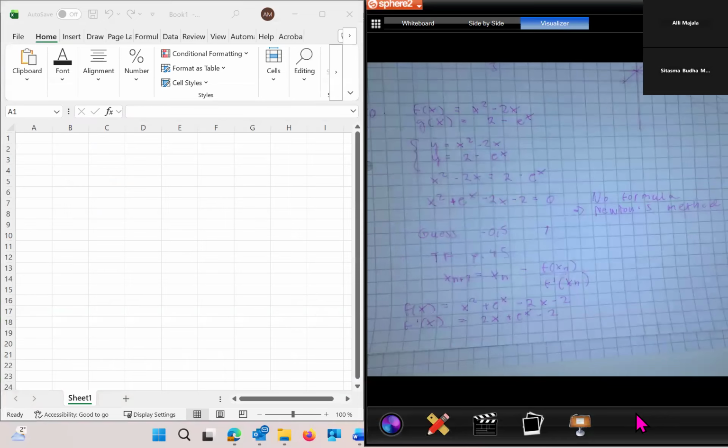And if I want to write this now here, I just put it there. So my guess, let's put like this, my x0 is, for example, minus 0.5.